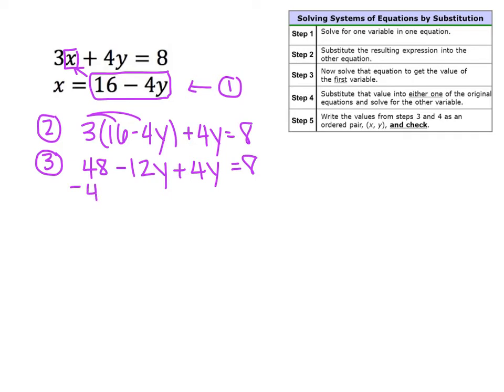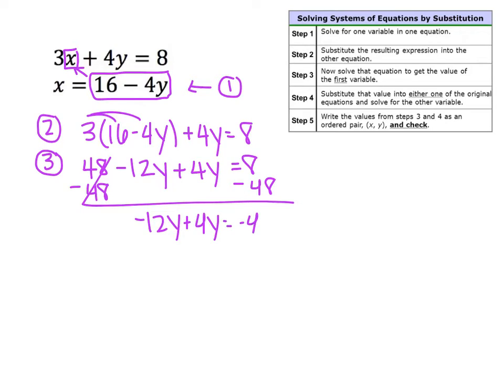I can subtract 48 from both sides. Negative 12y plus 4y equals negative 40. Negative 12y plus 4y is negative 8y, so if I combine my y parts, equals negative 40. And finally, if I divide by negative 8, I get that y is, well, negative 40 divided by negative 8 is positive 5.